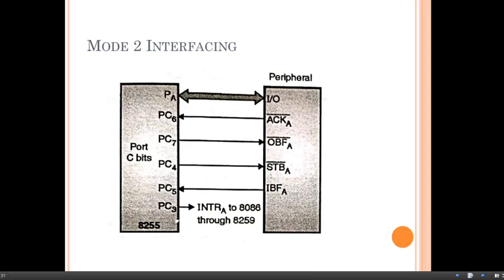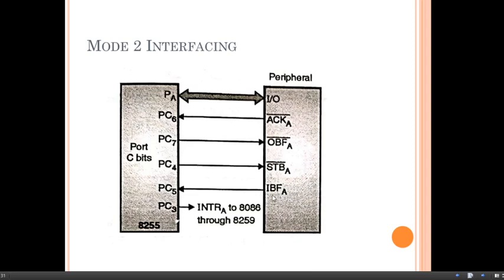Actually here the direction of this arrow is wrong. Here it is the input signal, that means the arrow direction should be at this side. So this strobe signal is the input signal for this 8255. After that, for this IBF signal, here also the direction is wrong, this direction should be at this location.